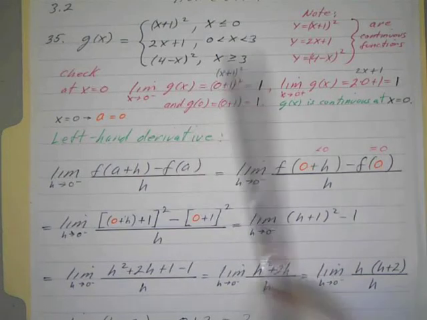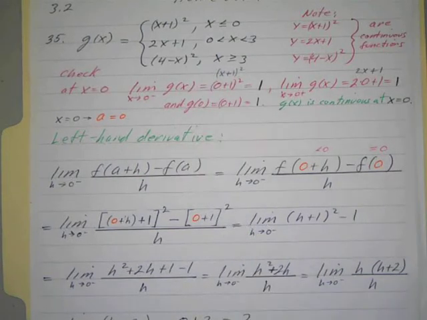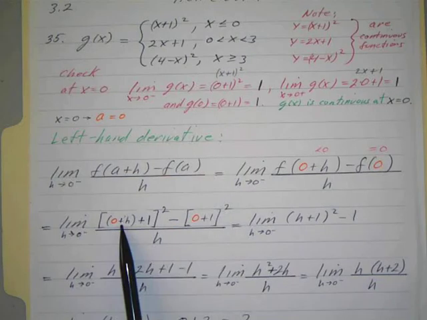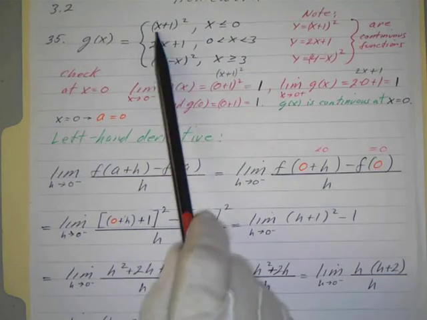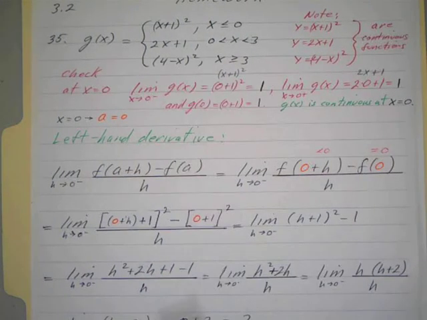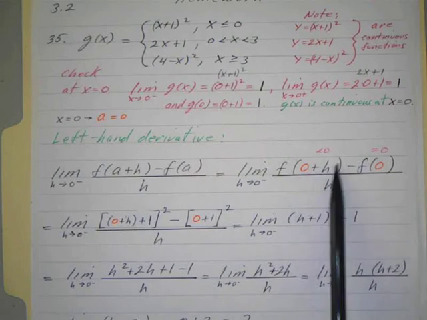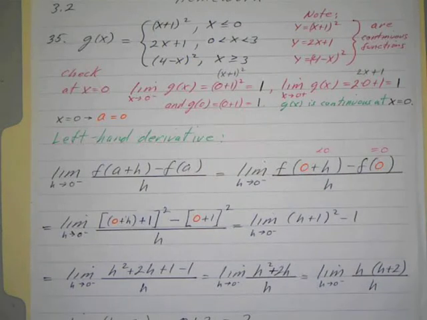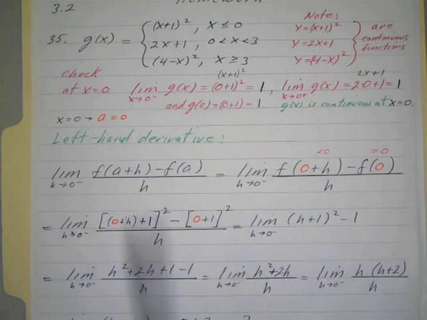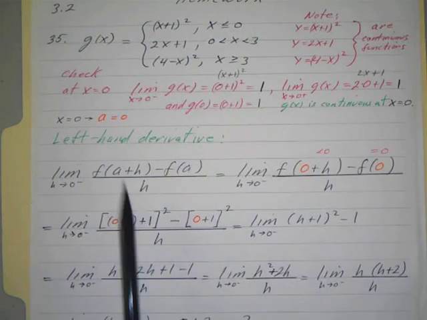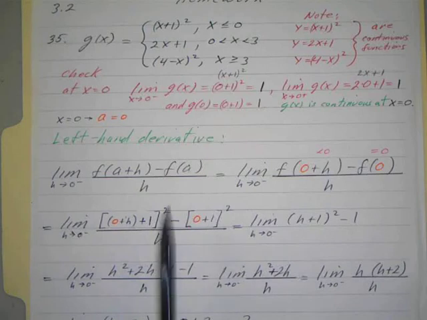And I'm using this function here, (x plus 1) squared. So x is now 0 plus h, because I'm taking f of a plus h. So that's going to be 0 plus h, that's like my a plus h, plus 1 squared.